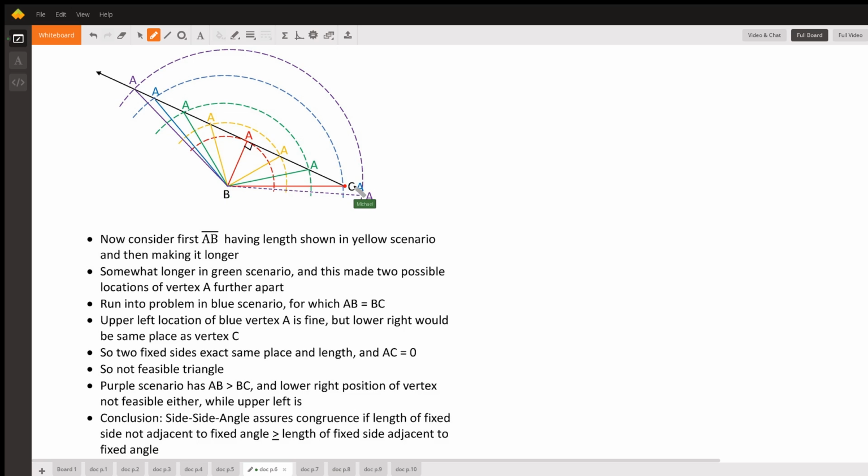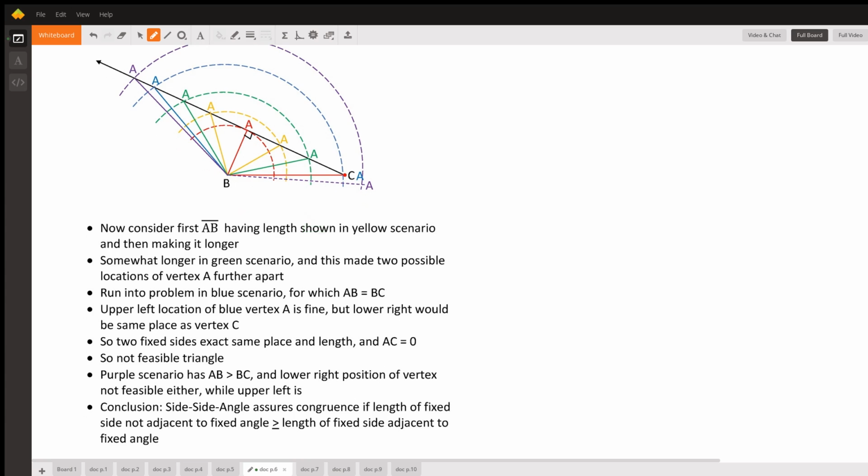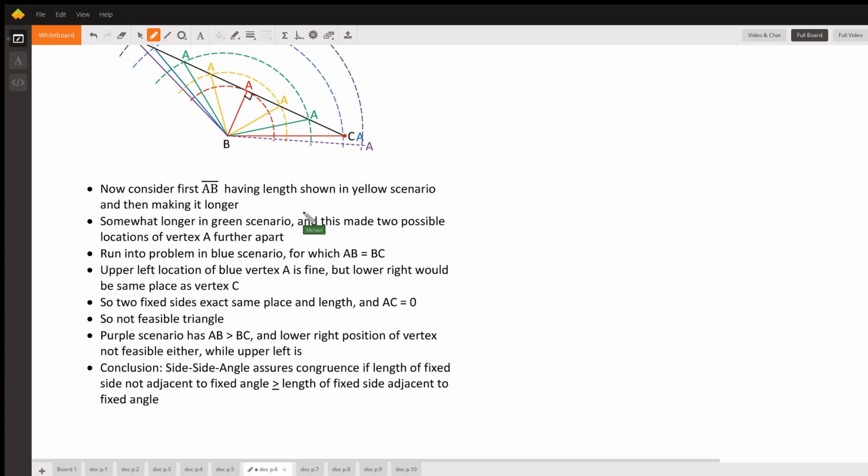So that's a boundary for getting two triangles or getting only one, where side AB is as long as this, or in the purple scenario, even longer. So over here it would be like that, which doesn't work. So if side AB is as long as or longer than side BC, you're only going to get one triangle and congruence is assured.